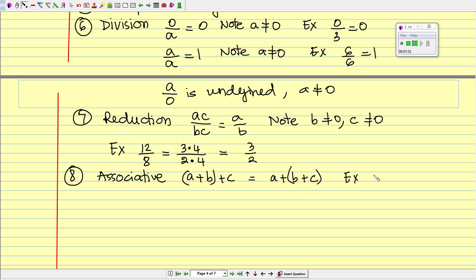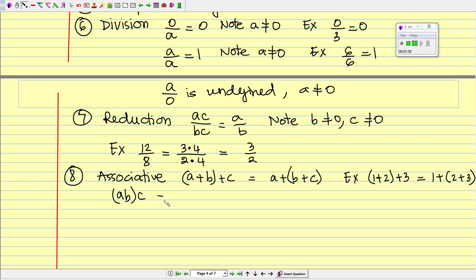Okay. So example, 1 plus 2 plus 3. So we add 1 and 2 first, then add 3, so the sum will be 6. The same thing when we add 2 and 3 first, then add 1. So both expressions, the left hand side is 6, and the right hand side is also 6.